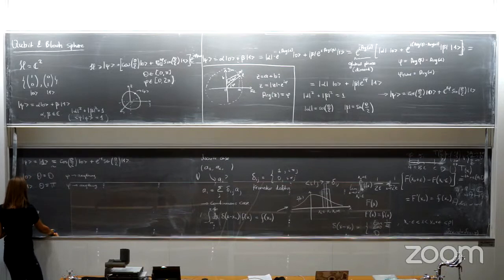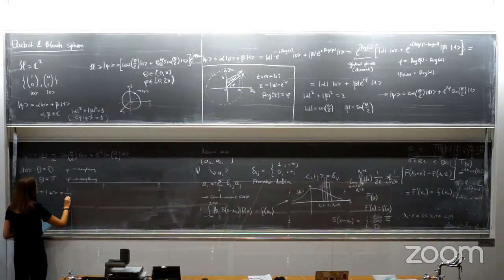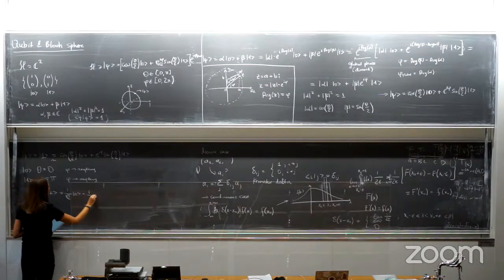Okay, a bit more complicated case, which is not that complicated, but anyway. So we have plus, which is 1 over square root of 2, 0, plus 1 over square root of 2, 1.